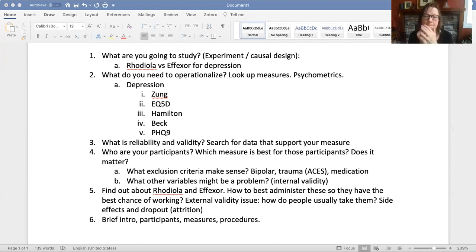Okay, so that's telling you what the study is. It doesn't have to be long. It could be more than 1 or 2 sentences. But right now this is kind of all the information you need: an experimental design, randomized control of trembling in a sample of people with PTSD. Okay.